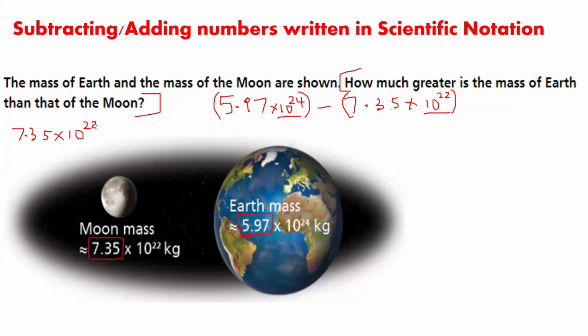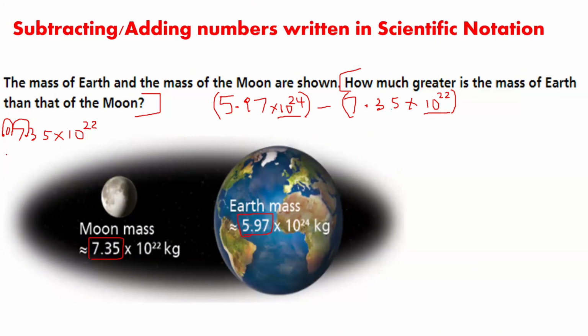To increase this exponent here, all we need to do is to move our decimal point in the number 2 places to the left. So it's going to be 1, 2. So no new decimal places right there. So our first factor is no longer going to be 7.35.